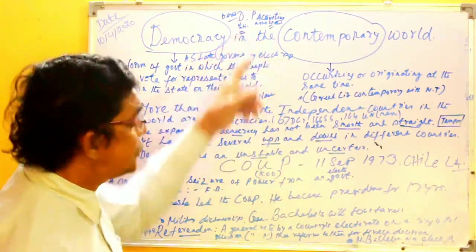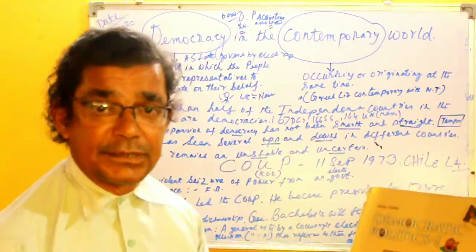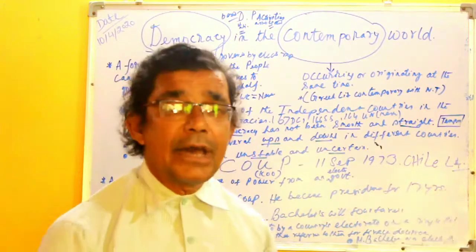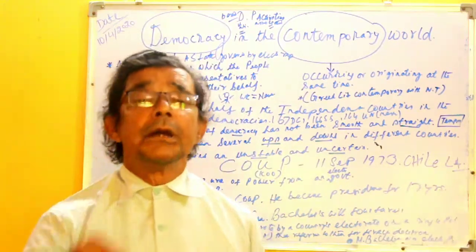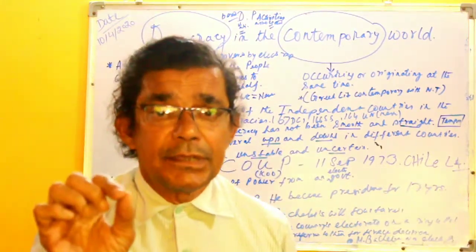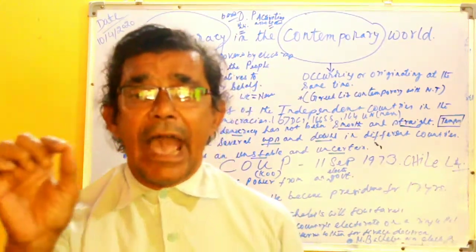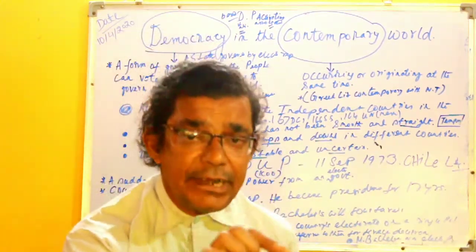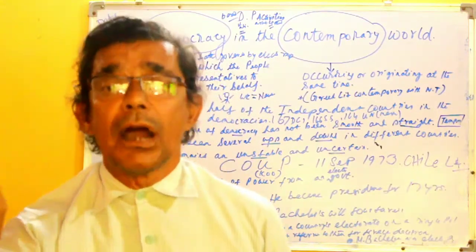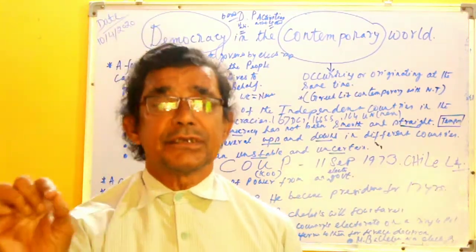Next, you come to the word politics. This also has a simple meaning. The word politics is associated with the activities carried out by the government to run the state.